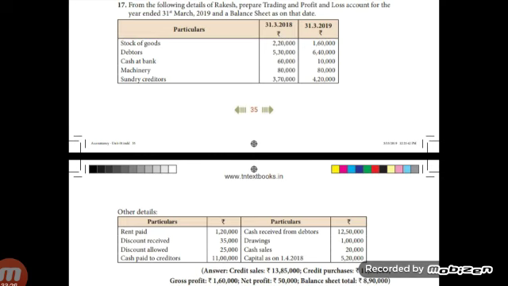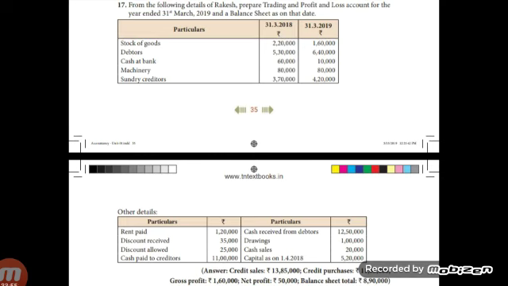Then enter capital amount in inner column 5,20,000. Add net profit 50,000. Do this in inner column. Write the amount 5,20,000 plus 50,000, 5,70,000 again in inner column. Then deduct less drawings 1 lakh.